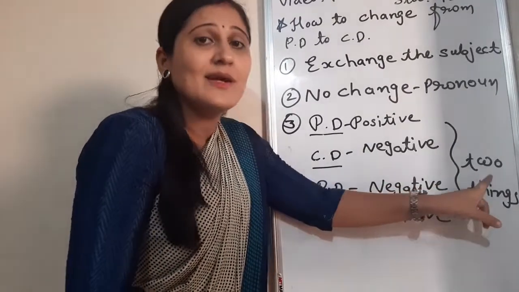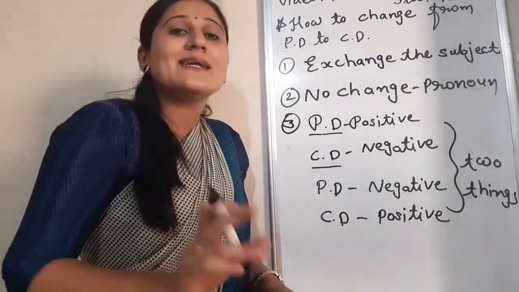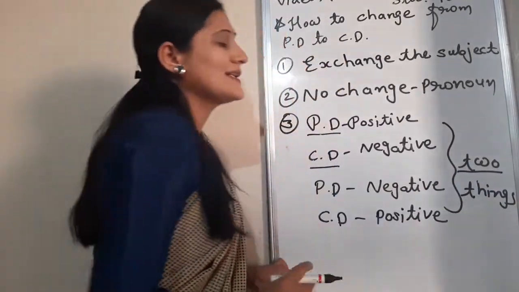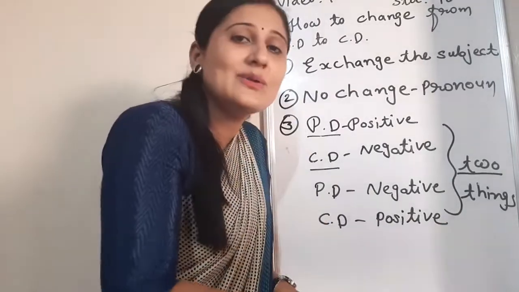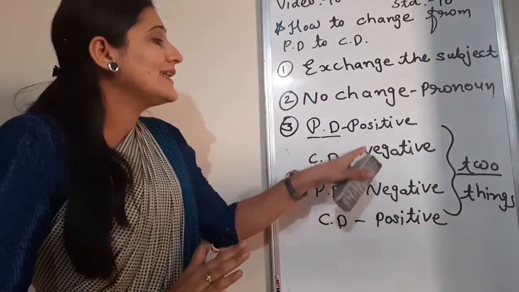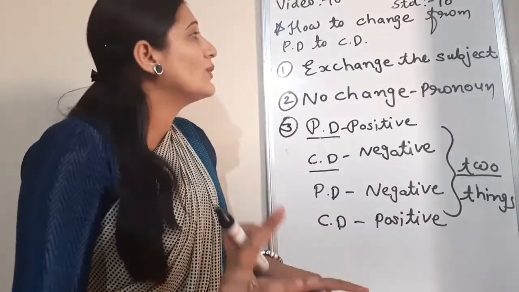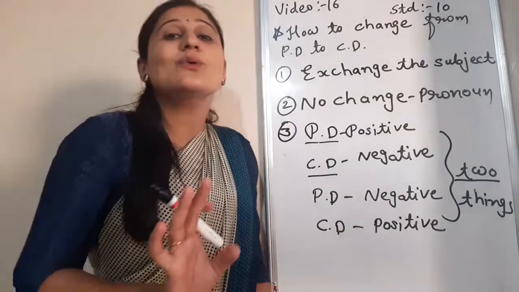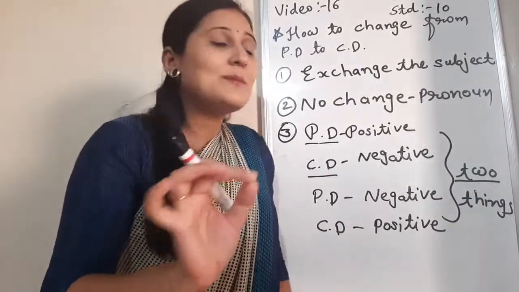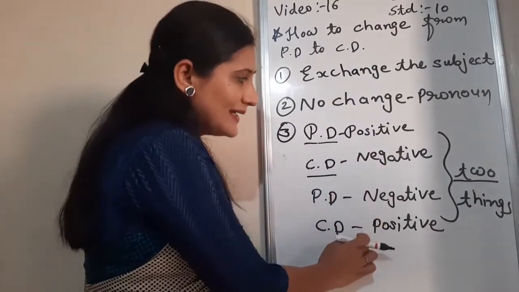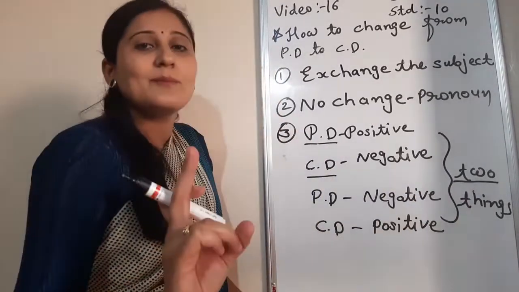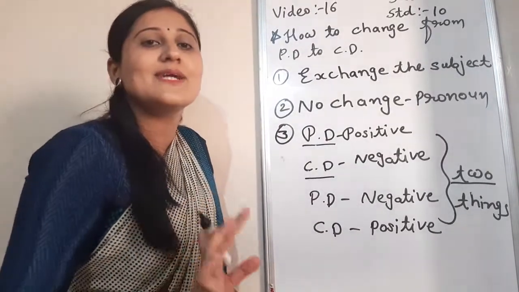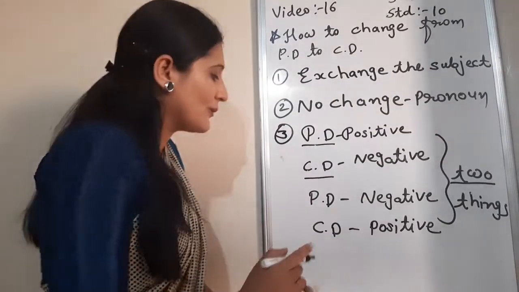For two things mostly, right? But 99%, if there is similarity or comparison between more than two things, then mostly this rule will not be valid. 99% this rule will be valid for two things, but for 1% this rule is not valid. I will give you one example, you will come to know.